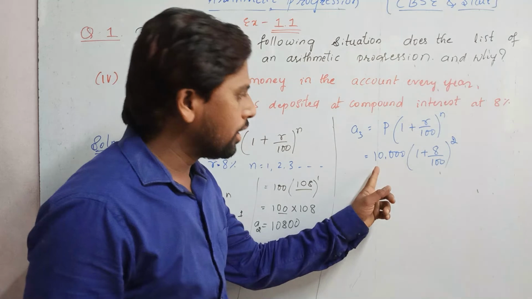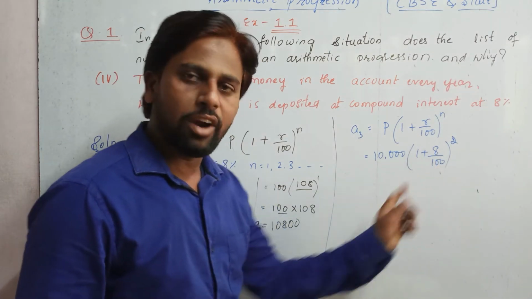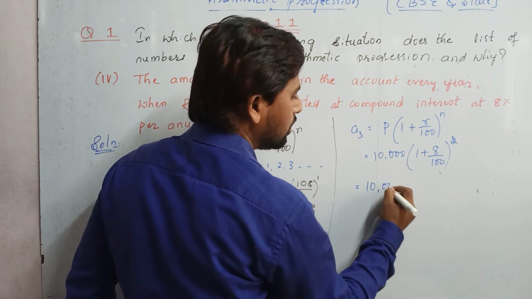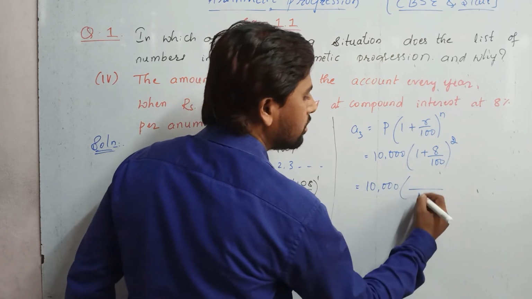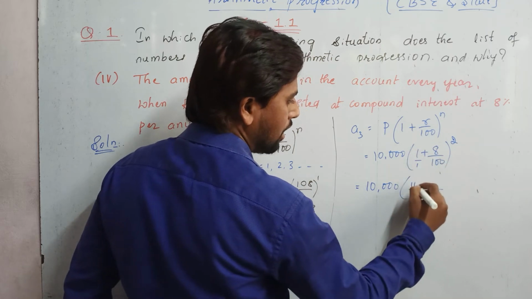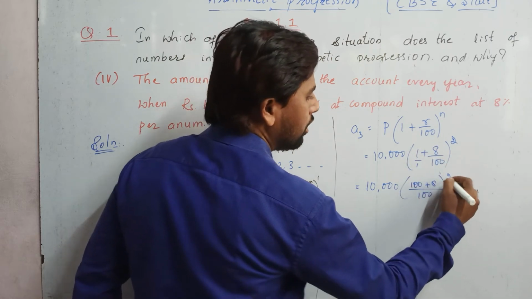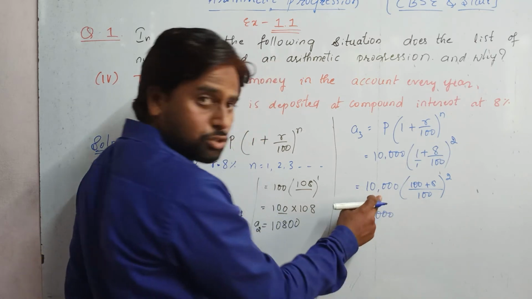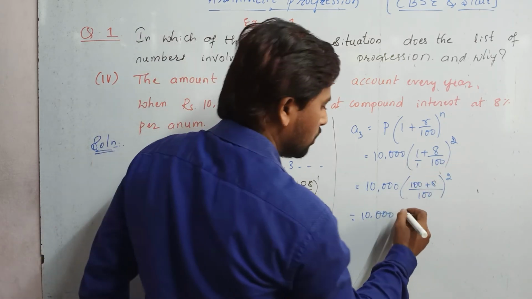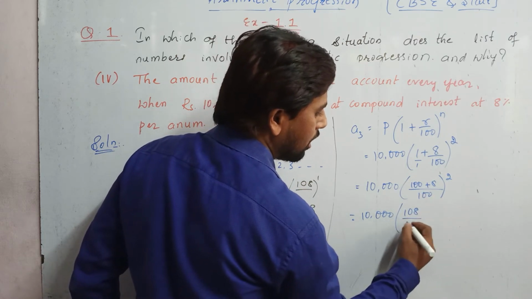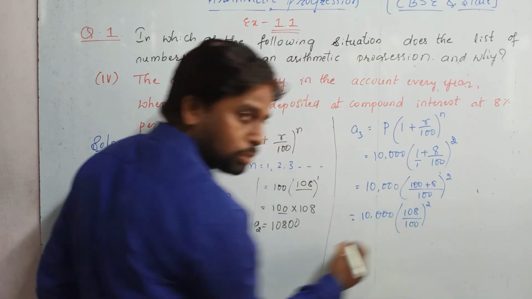Yes students, here 10,000 bracket 1 plus 8 divided by 100 to the power 2. So you can solve here 10,000 bracket, what is the LCM, 100, here 100 ones are 100 plus 8 to the power 2. Same thing 10,000. So we should not cancel here, students, because power is 2. So we should write here first 108 divided by 100 to the power 2.